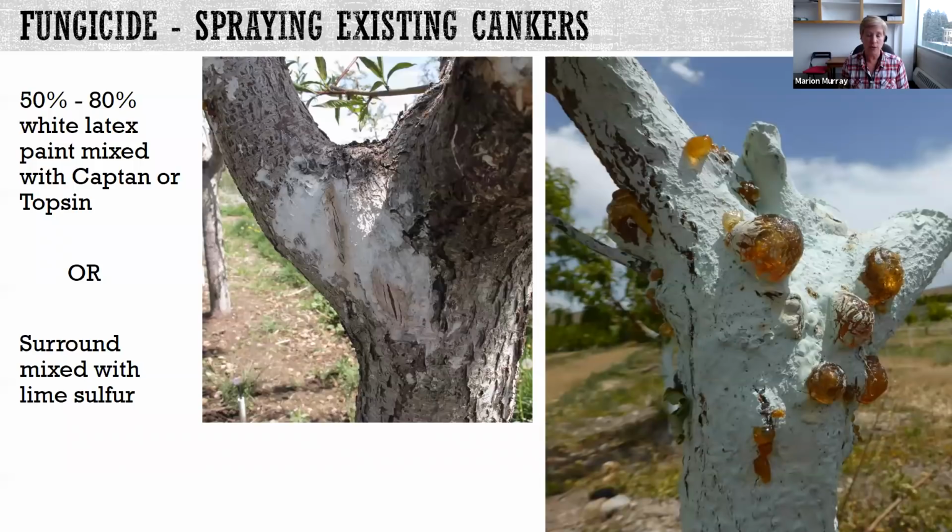So it doesn't kill that canker, but it prevents more cankers from forming. An organic option they looked at is using Surround, a clay-like material, kaolin clay, with lime sulfur as an alternative option for organic orchards.